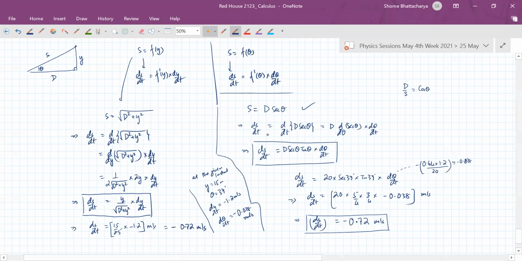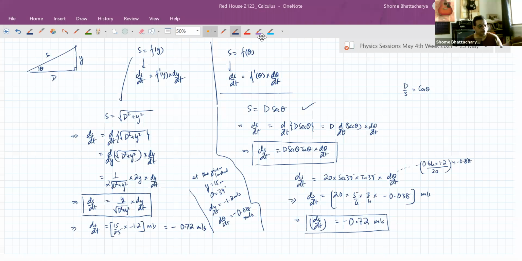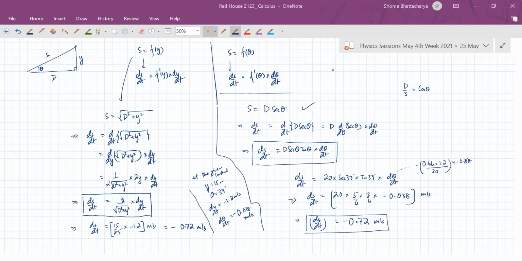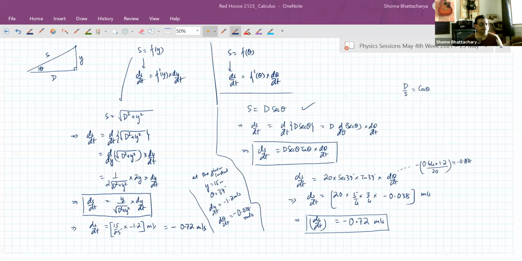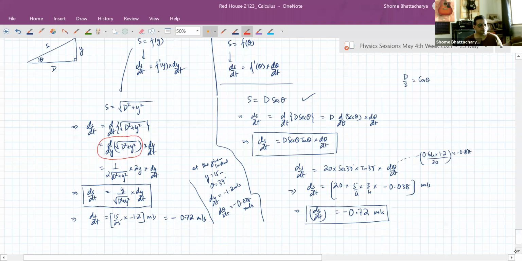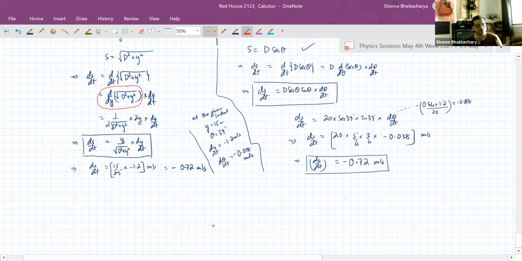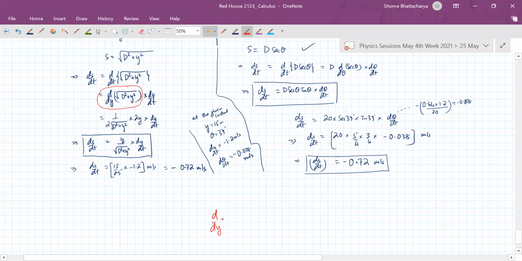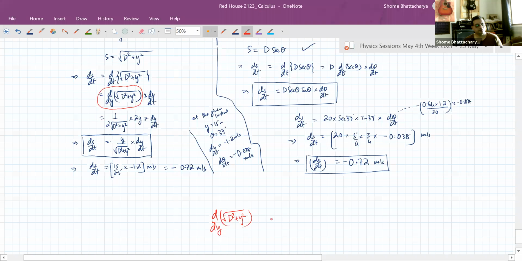Sir, yes, beta. Sir, how did you get 2y? How did I get 2y in the first part? Achha, this now. Okay. So again, see, this part is a separate application of chain rule. I'm differentiating this thing with respect to y now. Got it now? So what I'll have to do now? See, differentiation of this with respect to y. So how will we do that?